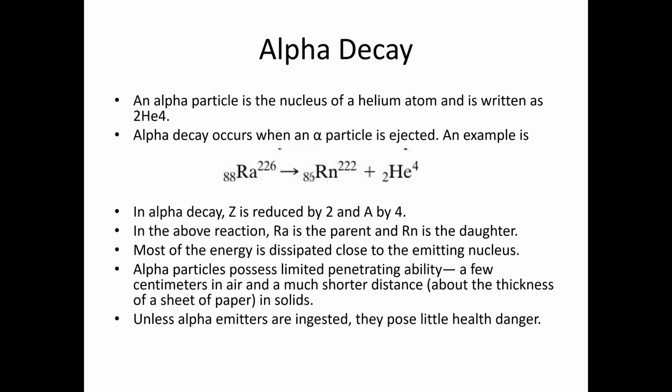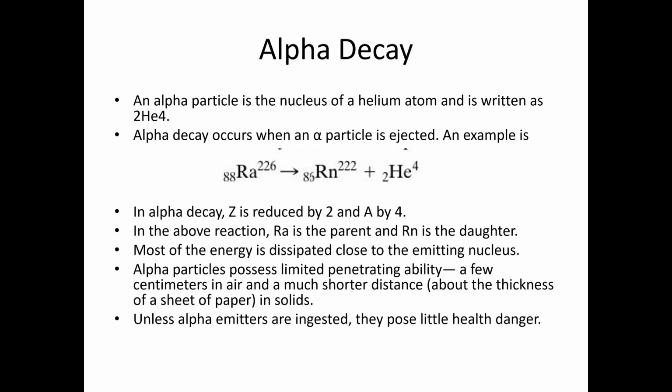In regards to the types of radioactive decay, there are a few, so we're going to look first at alpha decay. An alpha particle is the nucleus of a helium atom and is written as 2He4, so that would be an isotope of helium, with 2 protons and 2 neutrons.